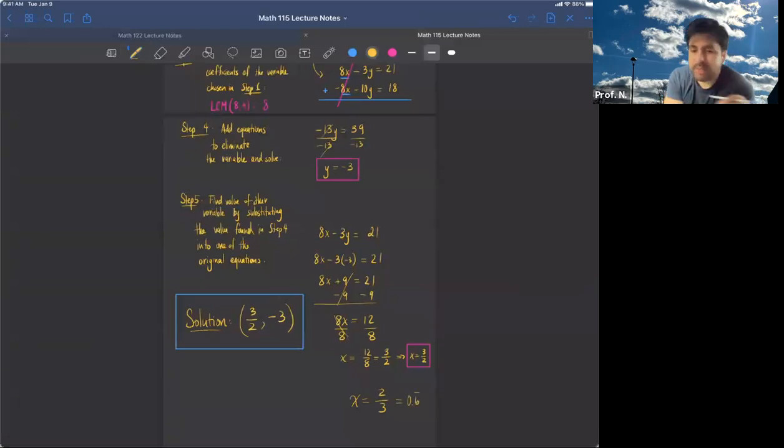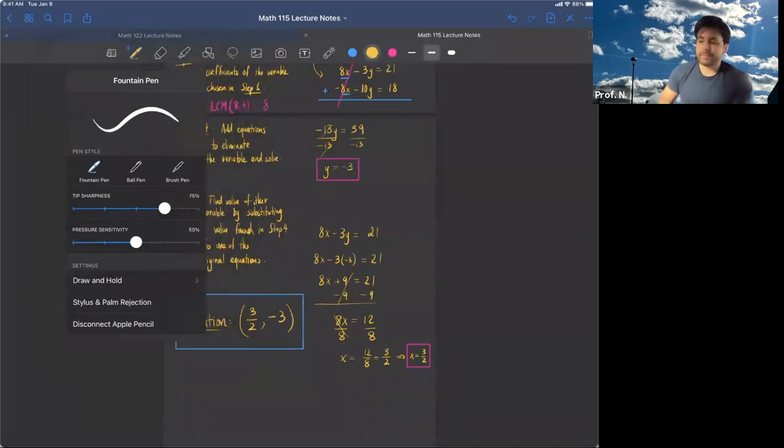It would be 0.6 repeated. So it would make more sense to leave it as a fraction because it's an exact form. You could put it this way as well, but it's just a little strange to write it as a repeated decimal. But for this case, you can write it as 1.5. No problems with that.